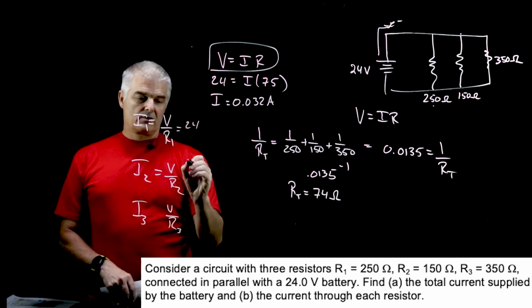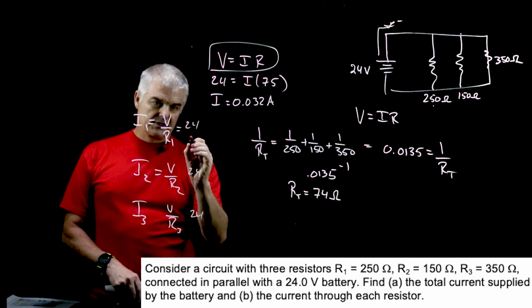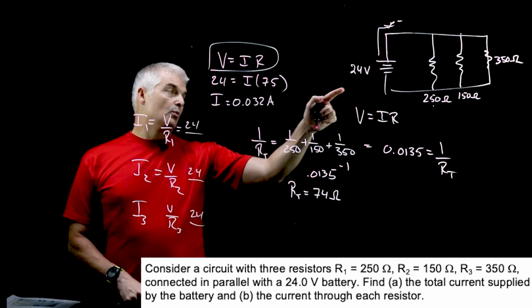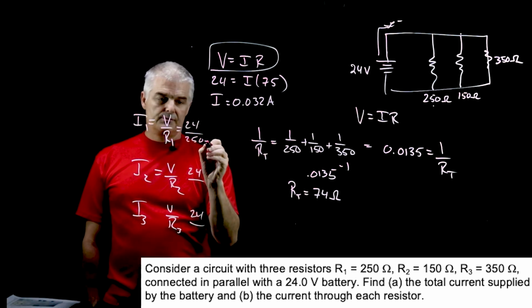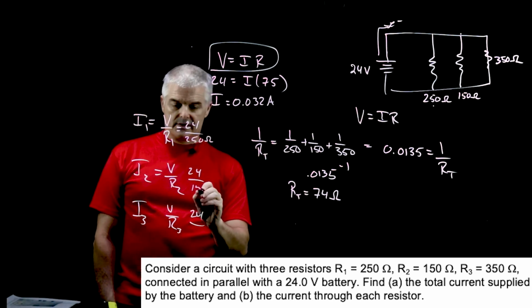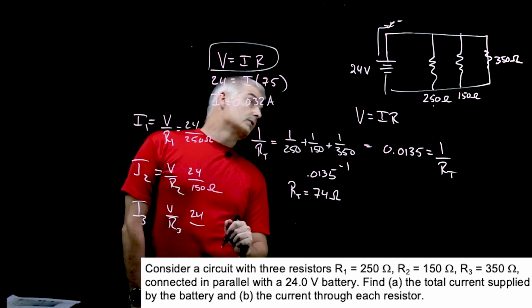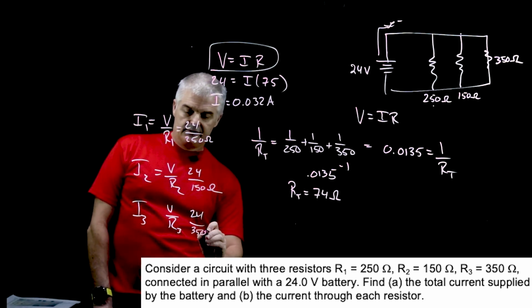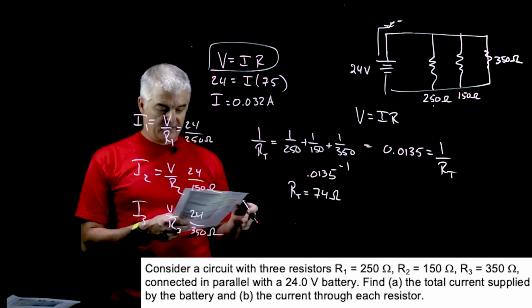This is 24, 24, 24. R1 was 250 ohms, R2 was 150 ohms, and R3 was 350 ohms. And we can find our currents.